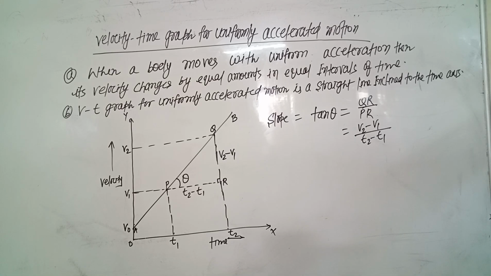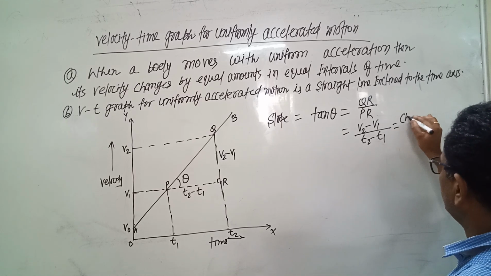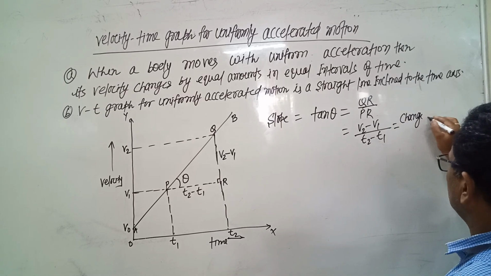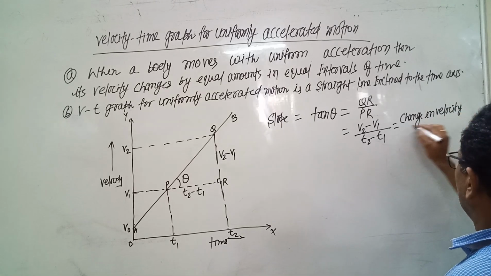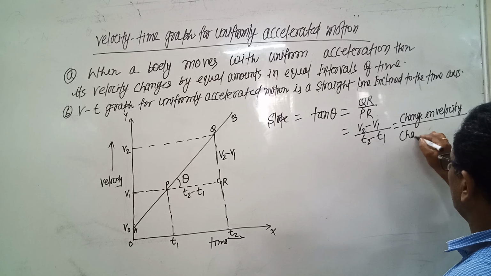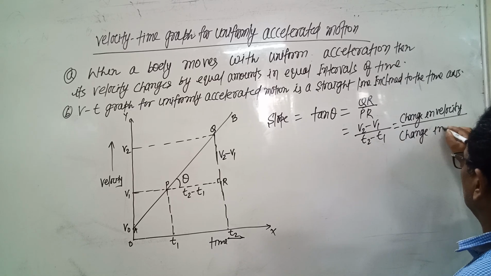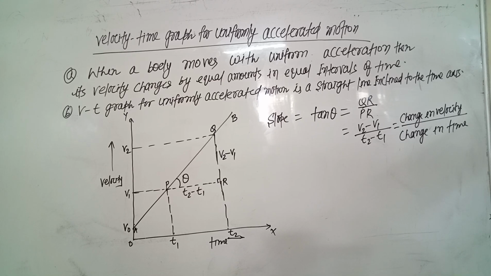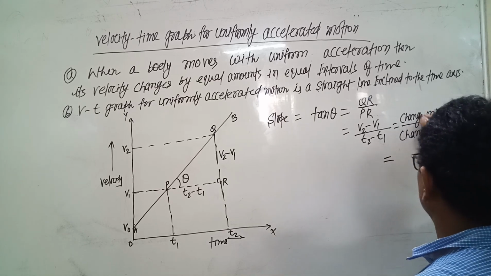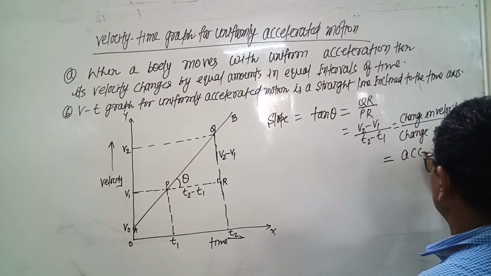So V2 minus V1 is the change in velocity and T2 minus T1 is the change in time. Change in velocity by change in time is known as acceleration.